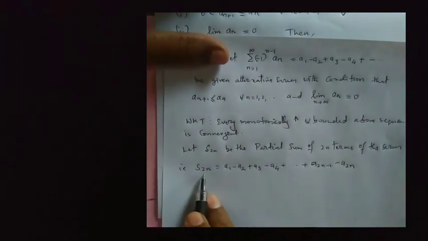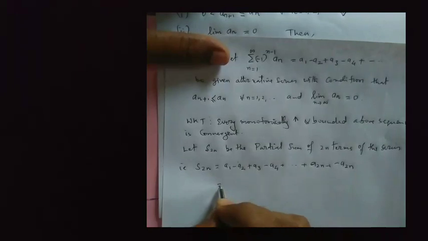S of 2n denotes the partial sum of 2n terms, and again it is nothing but a1 minus a2 plus a3 minus a4 plus a5 minus a6 and so on plus a2n minus 1 minus a2n.